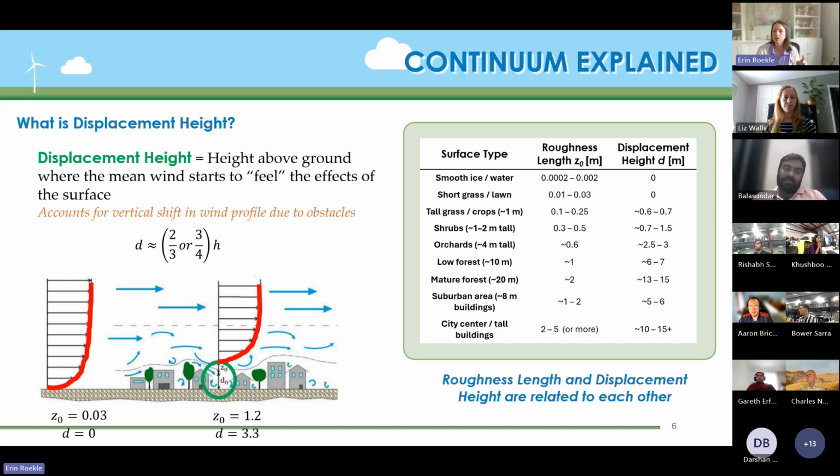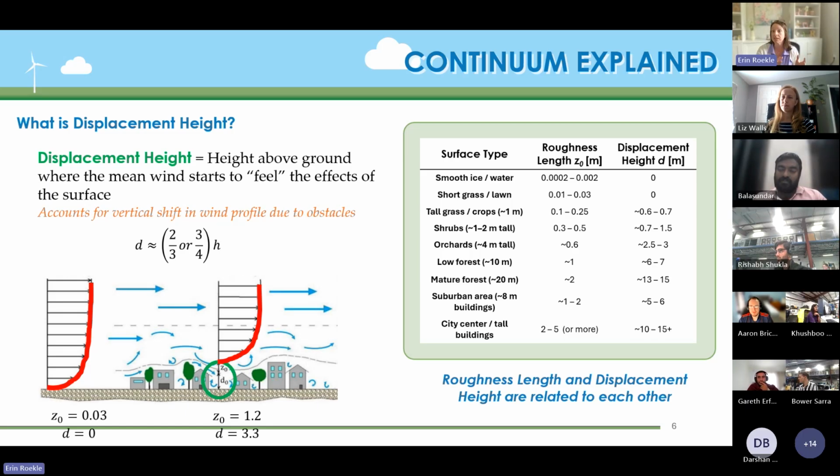Similar to having a surface type related to roughness length, we can add a column to that table for displacement height, on average what you would typically expect to see based on your land cover. So these are some generic numbers that you'll start to see for roughness lengths and displacement heights based on the different type of land cover or terrain type you have.